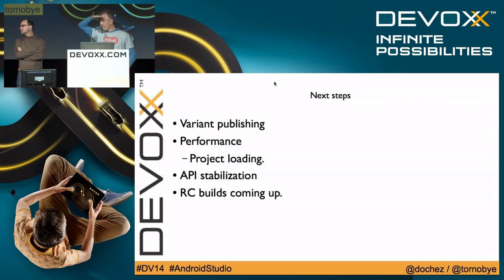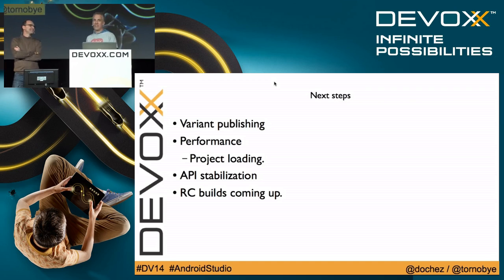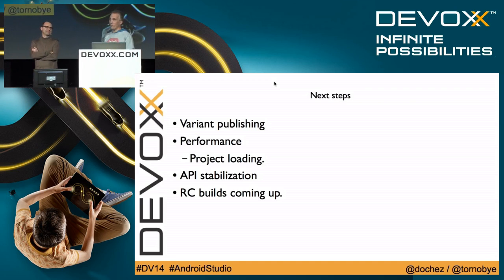Oh yeah, over here. How has your experience been building Android Studio on top of IntelliJ? Easy or difficult? How does it compare to, well, he looks 10 years older, but otherwise. So the question was, what was our experience developing Android Studio on top of IntelliJ? I've worked on plugins for many different IDEs, and I've got to say IntelliJ is by far my favorite. It's very, very nice.